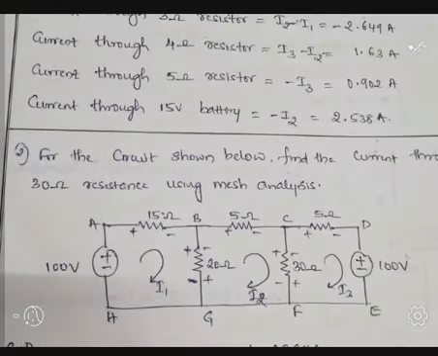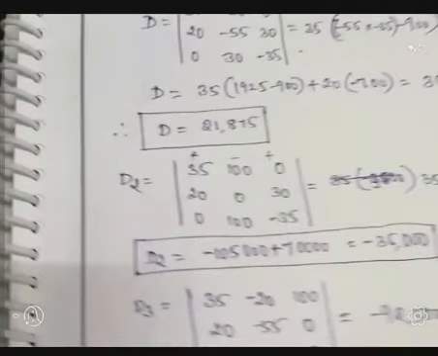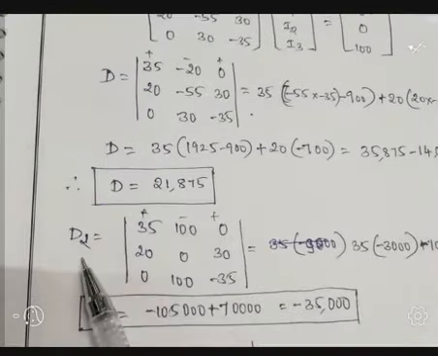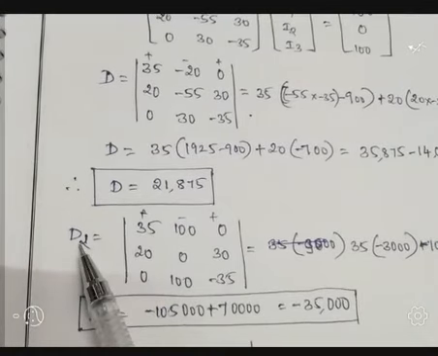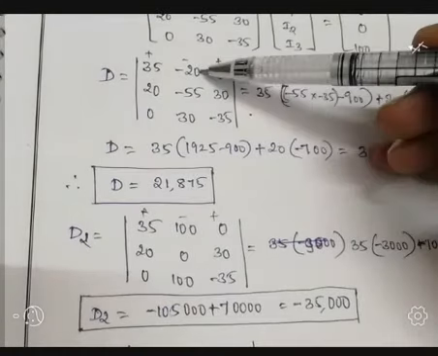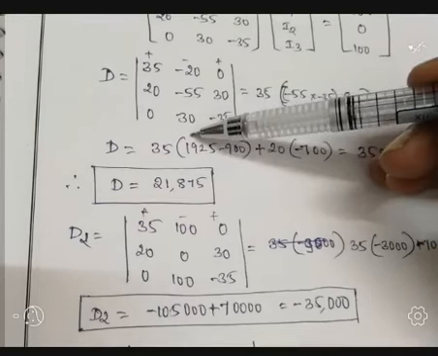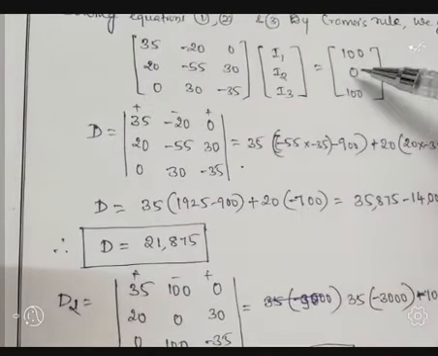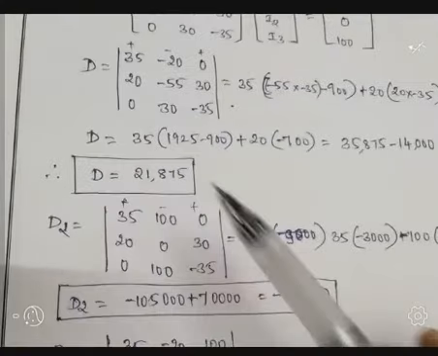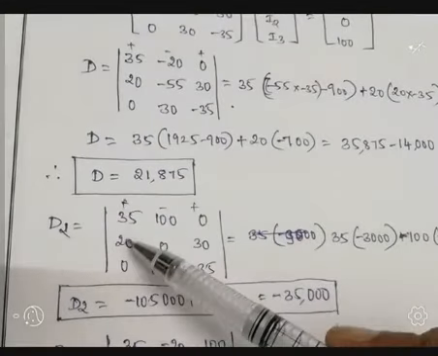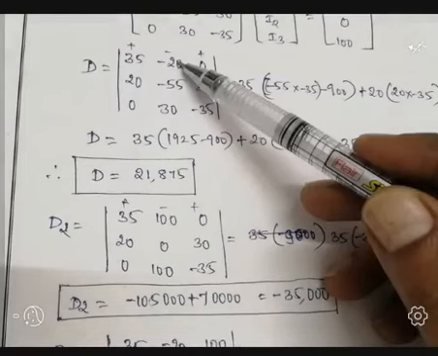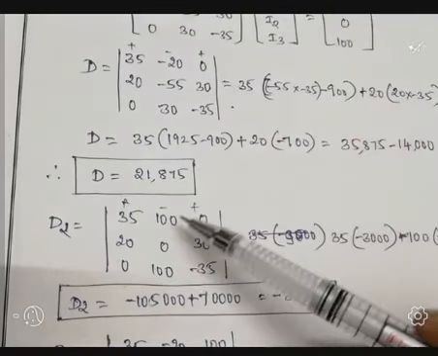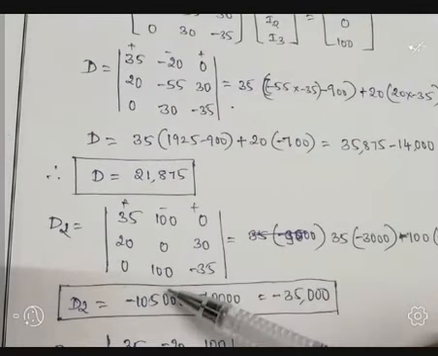Because of that reason, I will not calculate determinant 1. Directly I am going to calculate determinant 2 and determinant 3. D2 is calculated by replacing the second column entries by the constant terms 100, 0, 100. So the first column is as it is, 35, 20, 0, the second column is replaced by 100, 0, 100, and the third column as it is.